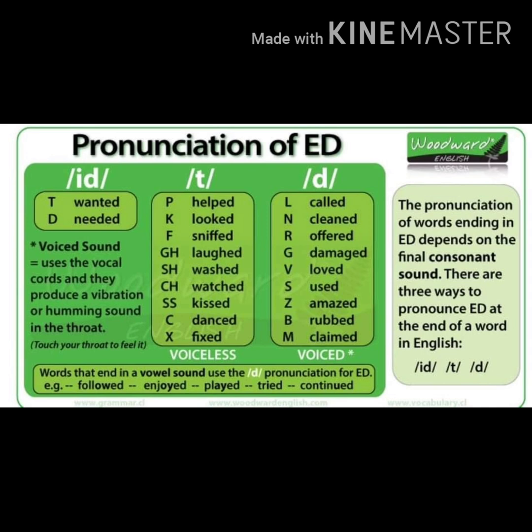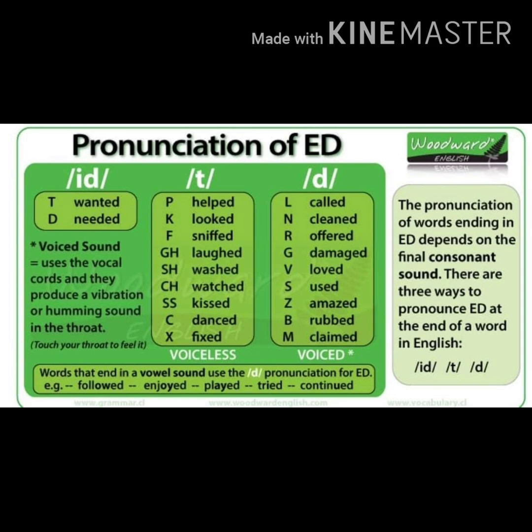If the verb ends with P, K, F, GH, CH, SH, SS, C, or X, we pronounce it as T. Like watched, like danced, like fixed, like helped.